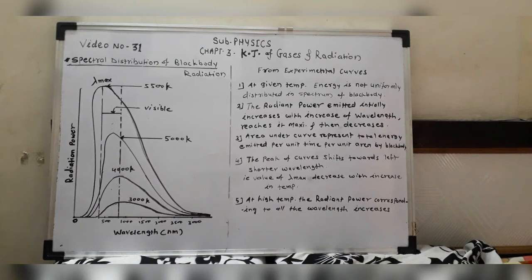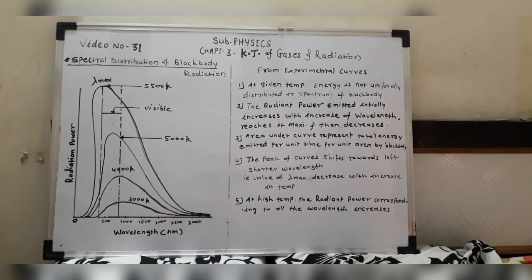So we have to draw the graph of radiation power against the wavelength, in nanometers, as shown in the figure. First we see that the radiant energy emitted per unit area per unit time by the black body depends upon its temperature.